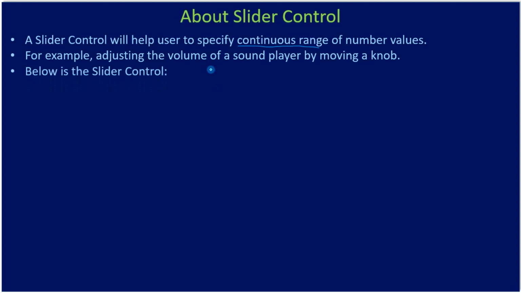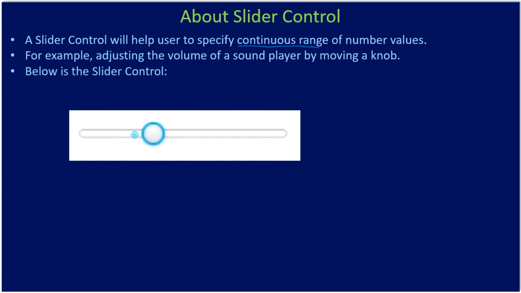So below is the example for a slider control. As already told, this is what is called the slider track, and the slider knob will move on the slider track, and you can move the slider left or right. It depends on the orientation, and if your slider is aligned vertically, then you can move the knob up or down.